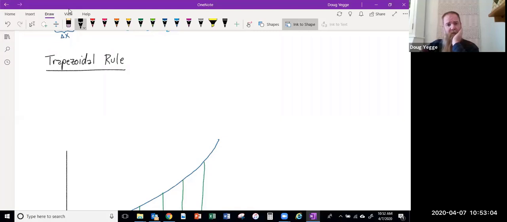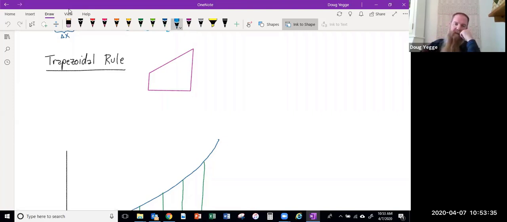And so the trapezoidal rule, I want you to recall what a trapezoid is. So let's draw a trapezoid here. All right, so here's the trapezoid.